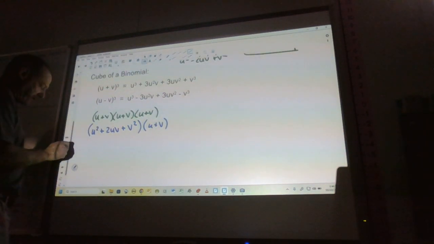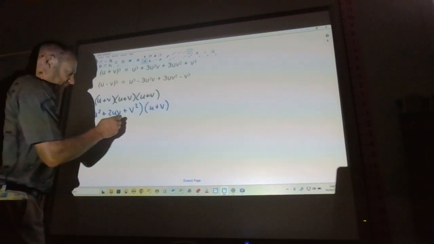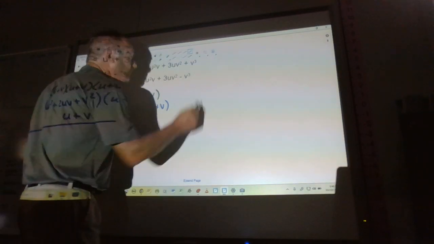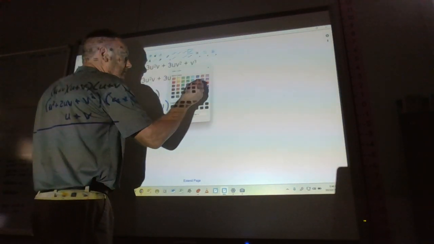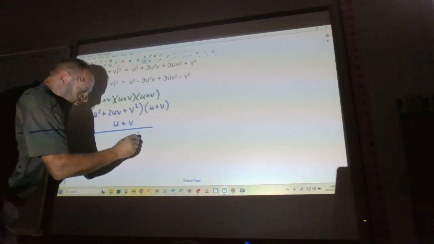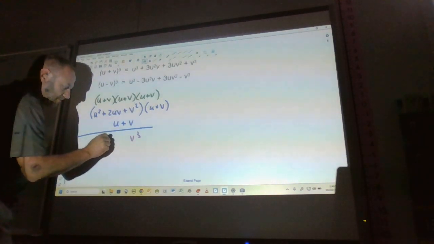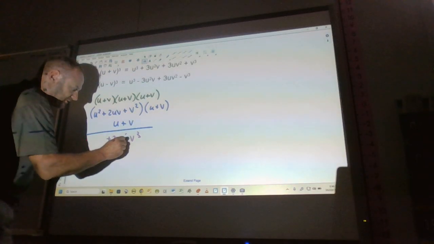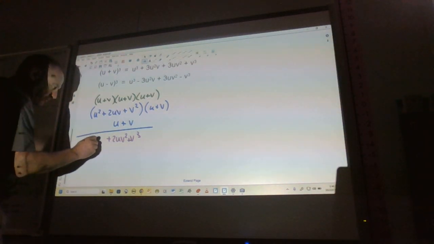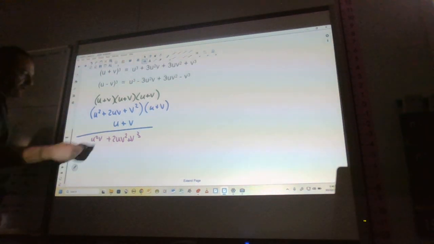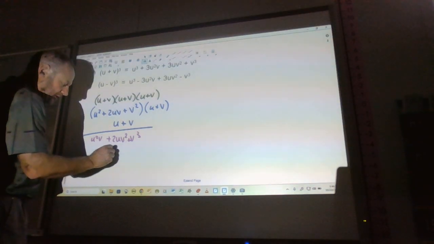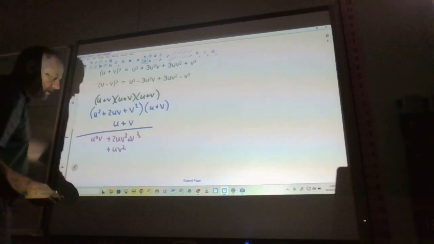And then what I would probably do is move this down here, and multiply this thing out. So v times v squared is v cubed. V times this would be plus 2uv squared. V times this would be u squared v. Then I shift over to here. U times v squared would be uv squared.